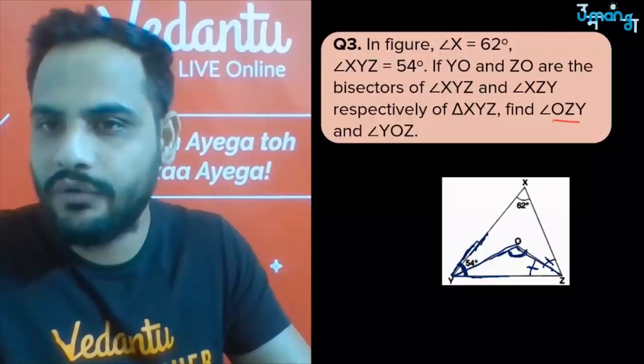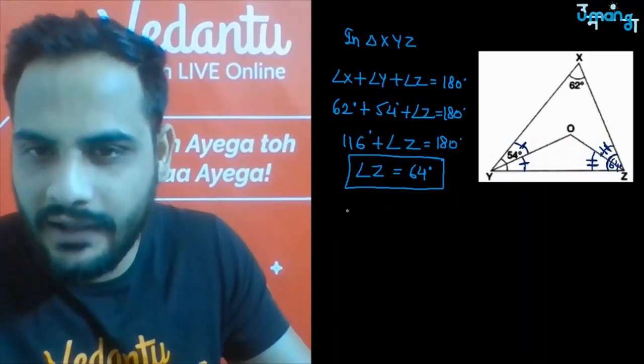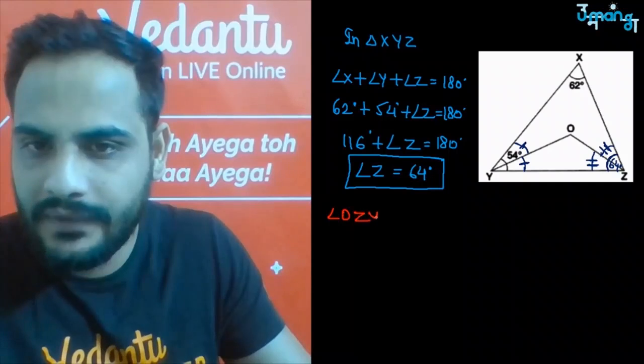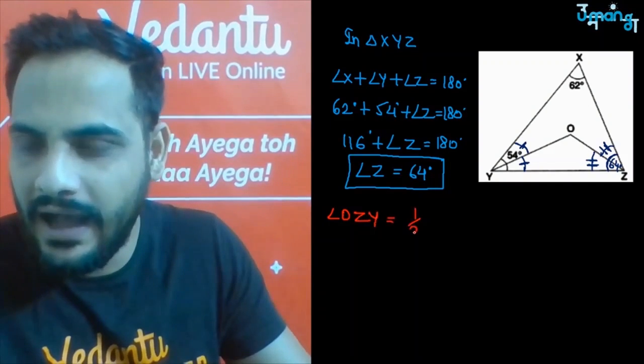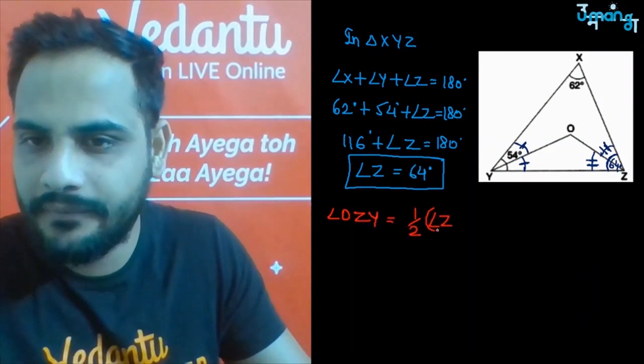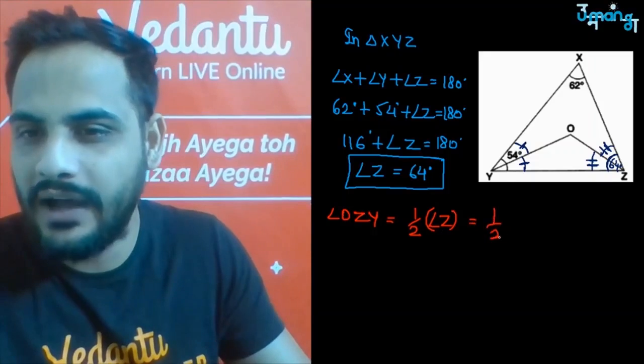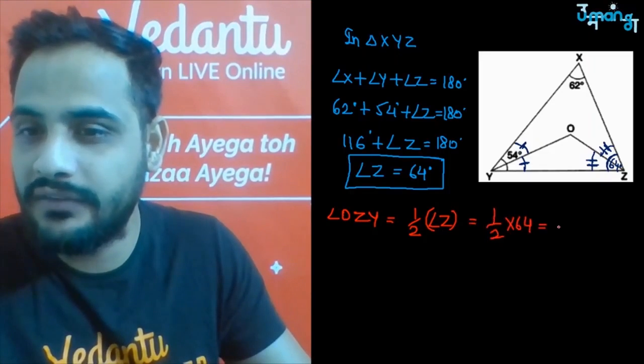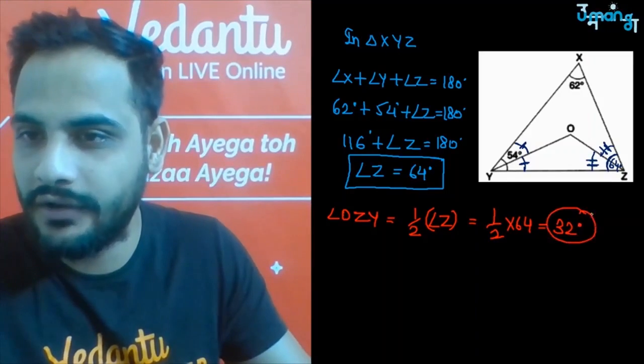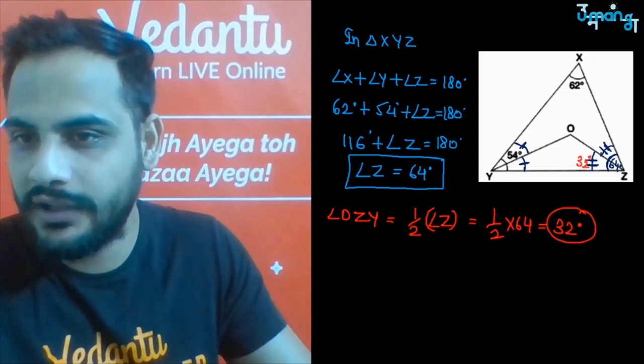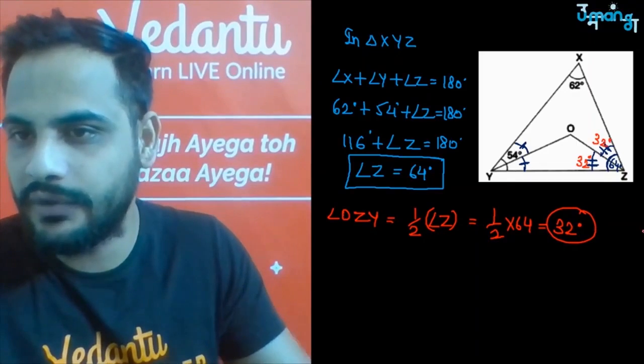So angle OZY will be equal to half of angle Z, which is 64. Half of 64 means 32 degrees. So this is 32 degrees, and similarly this will also be 32 degrees.